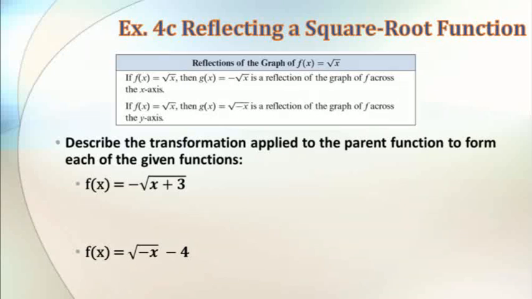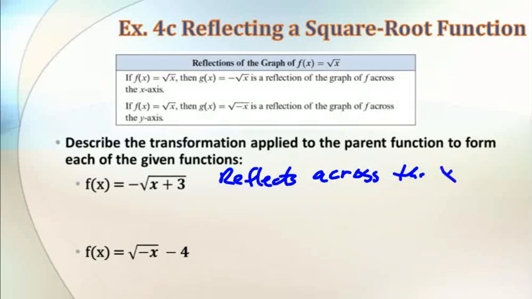Describe the transformation applied to the parent function to form each of the given functions. So the function of x equals the negative square root of x plus 3. The negative's on the outside, so it reflects across the x-axis.